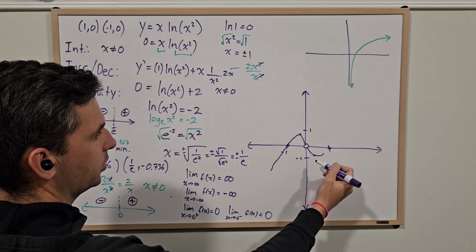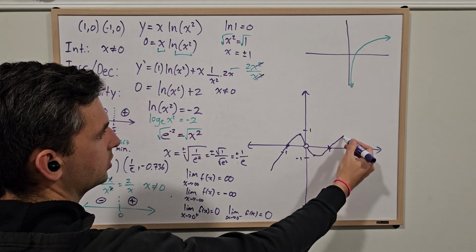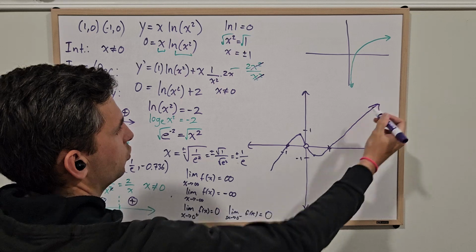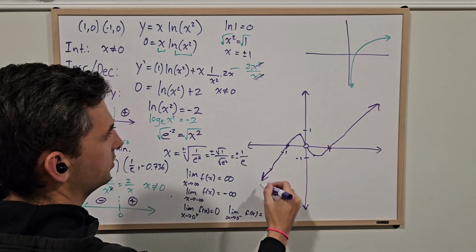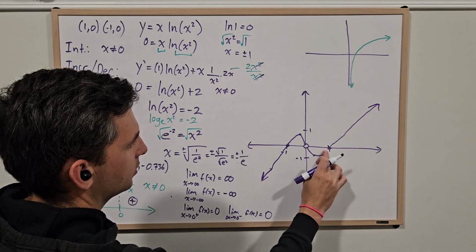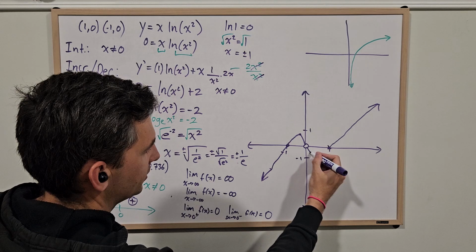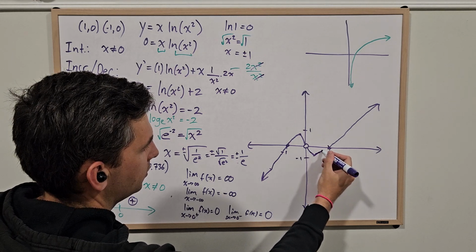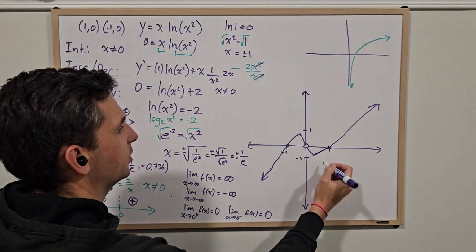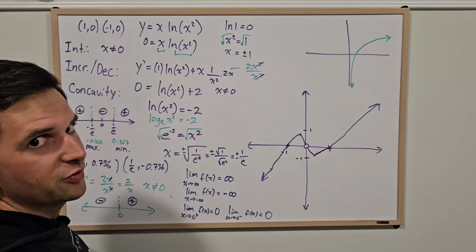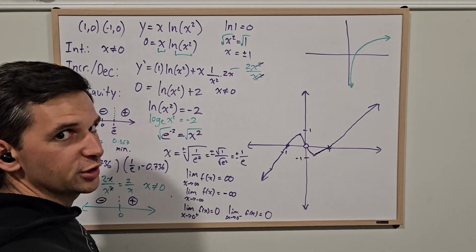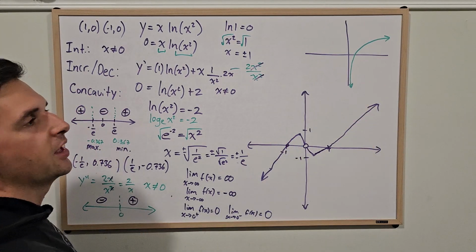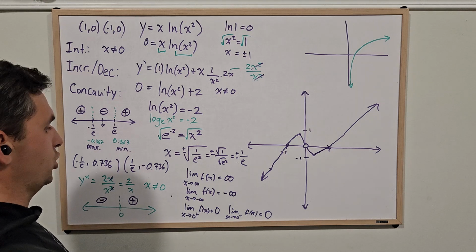And I'm coming up through this point, and I'm going up towards positive infinity. There you go. If you guys have graph paper at home, please draw it a little bit cleaner than that, but this is sort of the general shape of what you're going to see here.